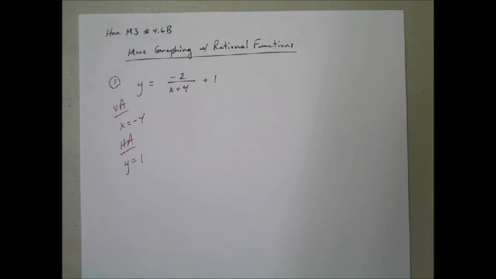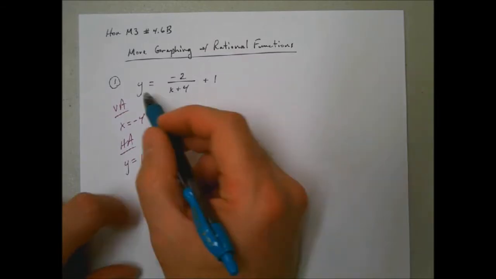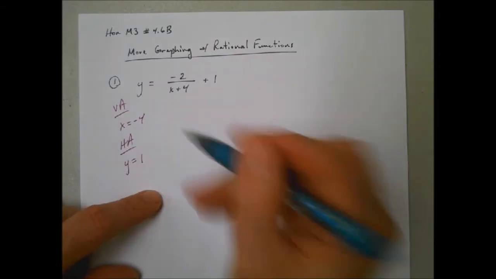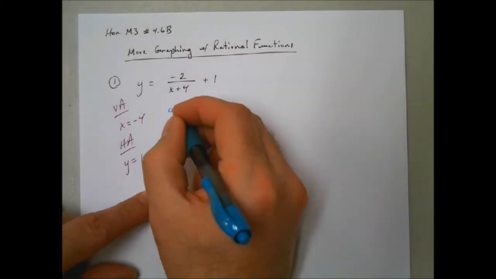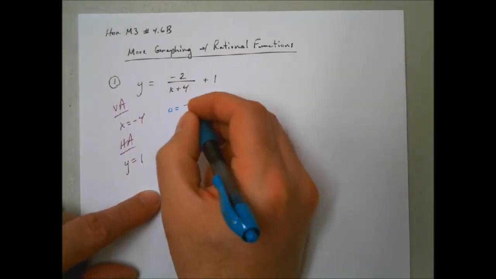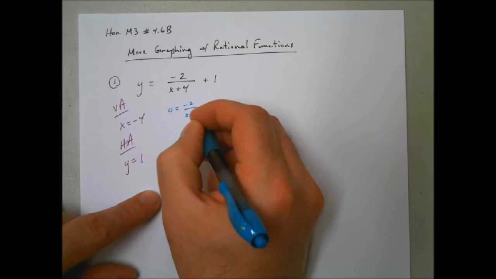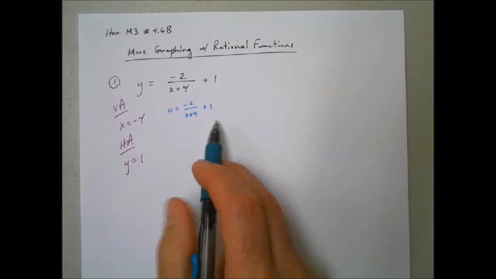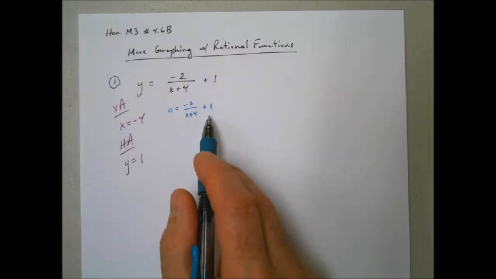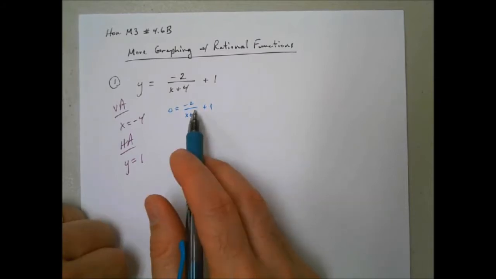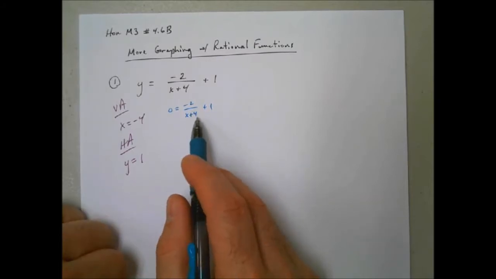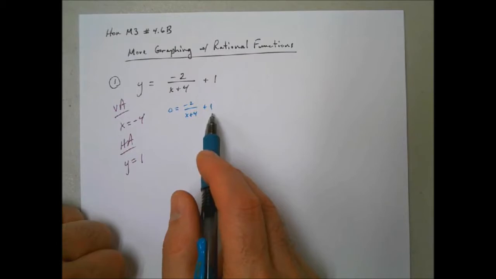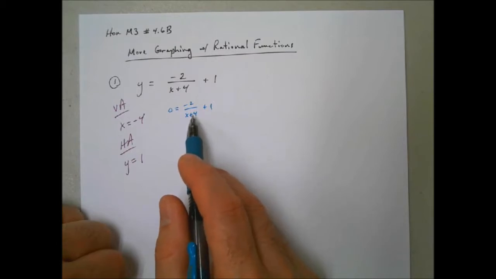Okay, as far as x-intercepts go, we know we plug in 0 for the y. Now, when we have a single fraction equaling 0, you can essentially just look at the numerator. But if it's more than just a single fraction equaling 0, because I've got the plus 1, you can't just look at the numerator. You have to solve.